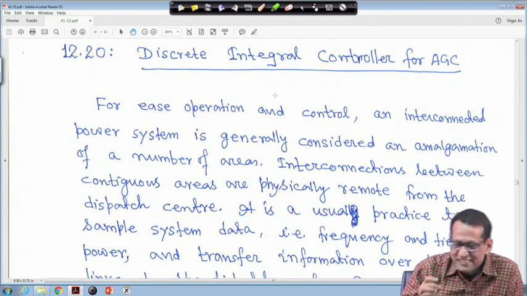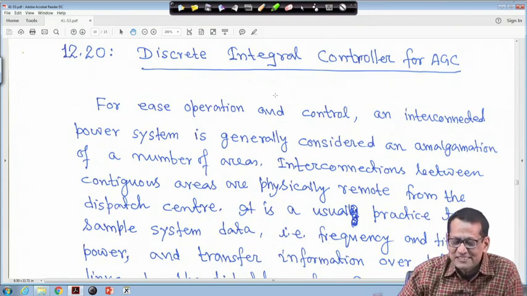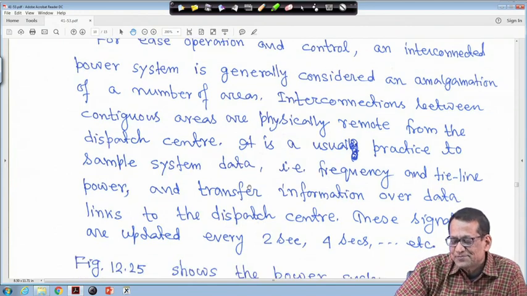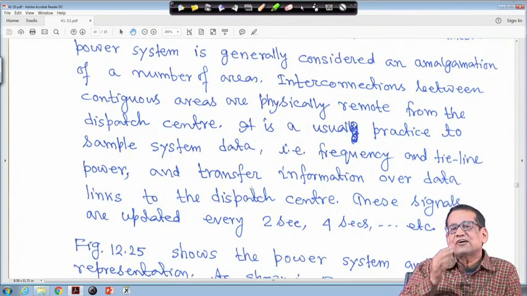For easy operation and control, an interconnected power system is generally considered an amalgamation of a number of areas. The contiguous areas are physically remote from the dispatch center, so it is usual practice to sample system data, that is frequency and tie power, hence the area control error.